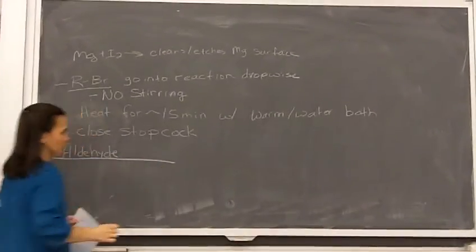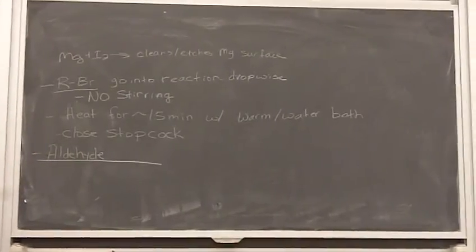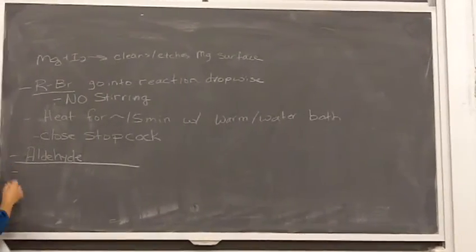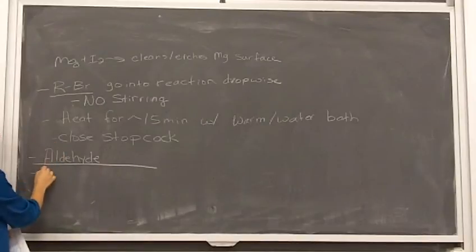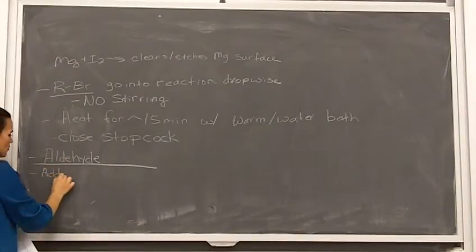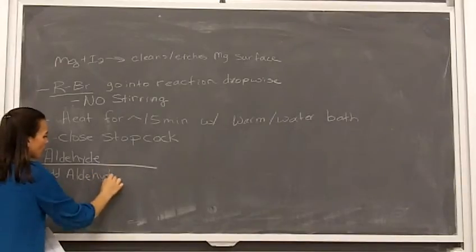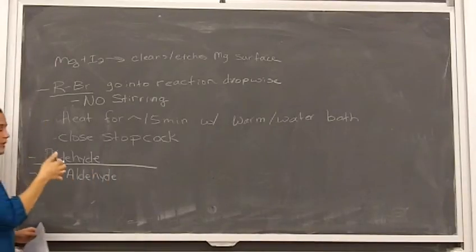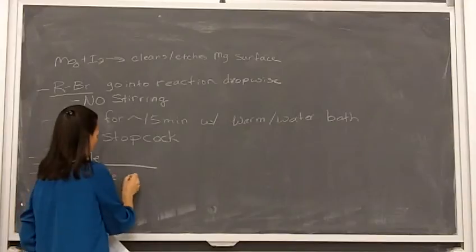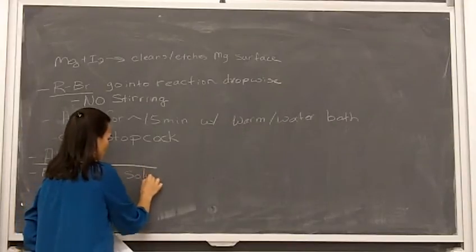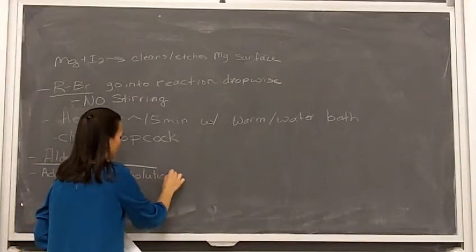So first of all, with our aldehyde in this reaction sequence, we are going to add the aldehyde solution. A solution is already made of the aldehyde that you're using in ether that has the proper concentration. So you need to look for the aldehyde solution.